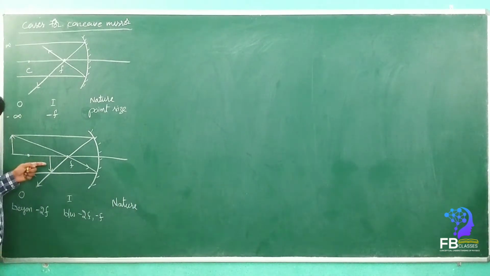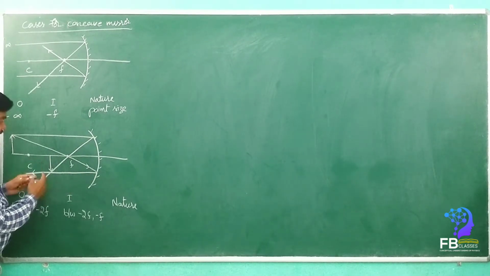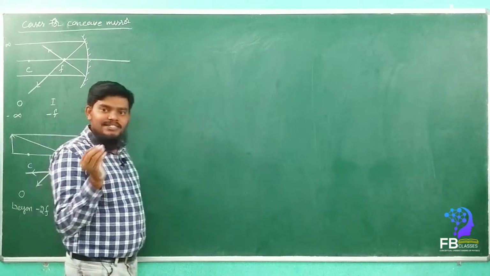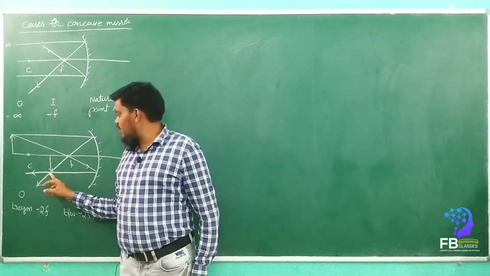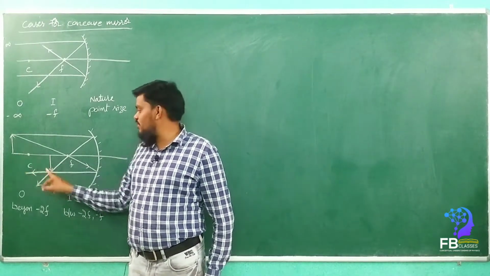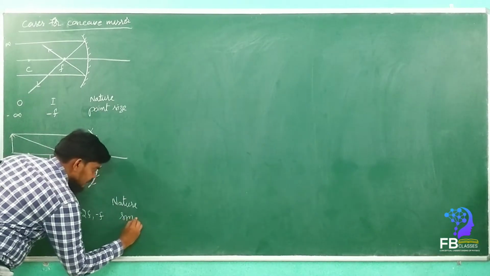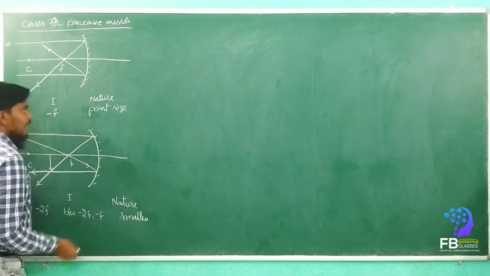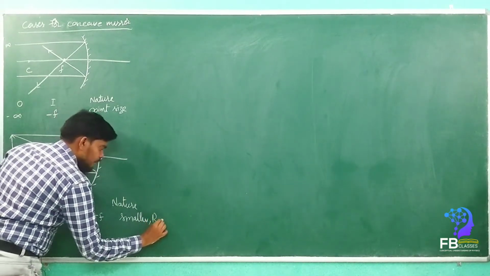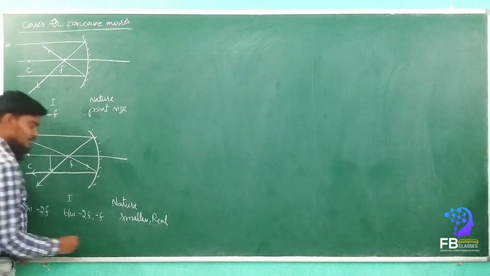It is a real image, because the reflected rays actually meet. And see the size of the image. Is it smaller, same or larger? It is smaller, right? Yes, sir. Compared to the object, it is smaller. So smaller and real. Is it inverted, right? Yes, sir. So it is inverted.